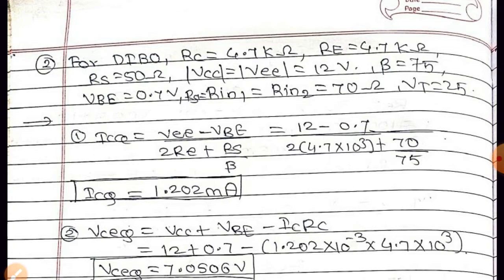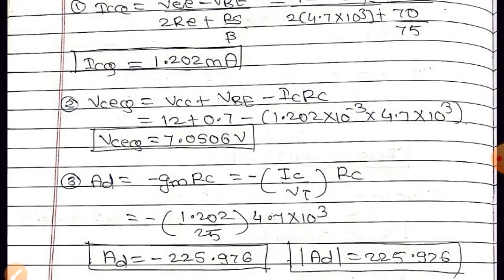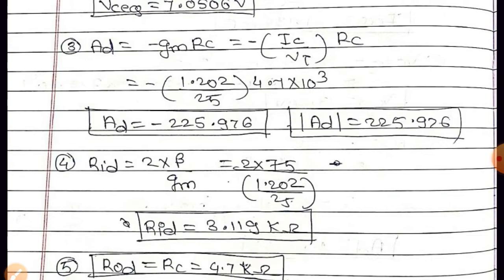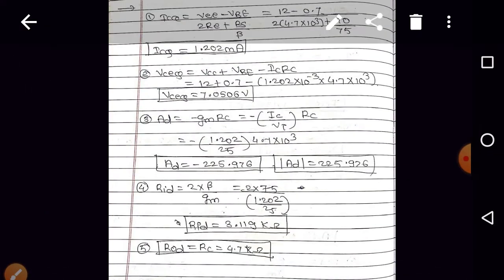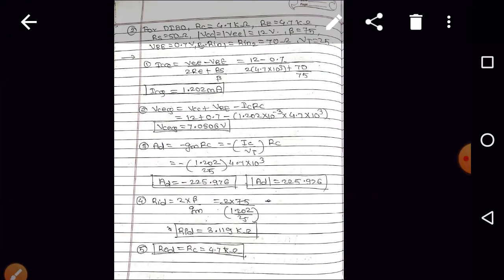Put all these values in the equation, we will get ICQ is equal to 1.202 milliampere. VCQ you are getting 7.0506 volt, voltage gain 225.926, RID is equal to 3.119 kilo ohm, and ROD is equal to RC, it is 4.7 kilo ohm. Remember all these parameters while solving the examples on differential amplifier.